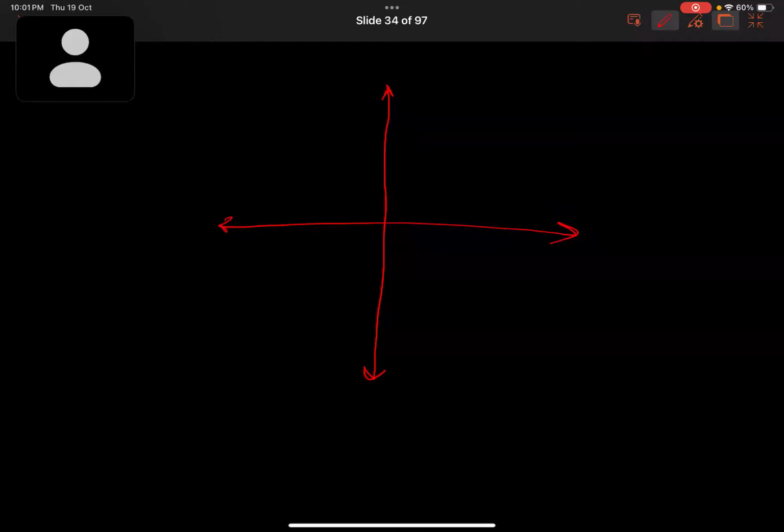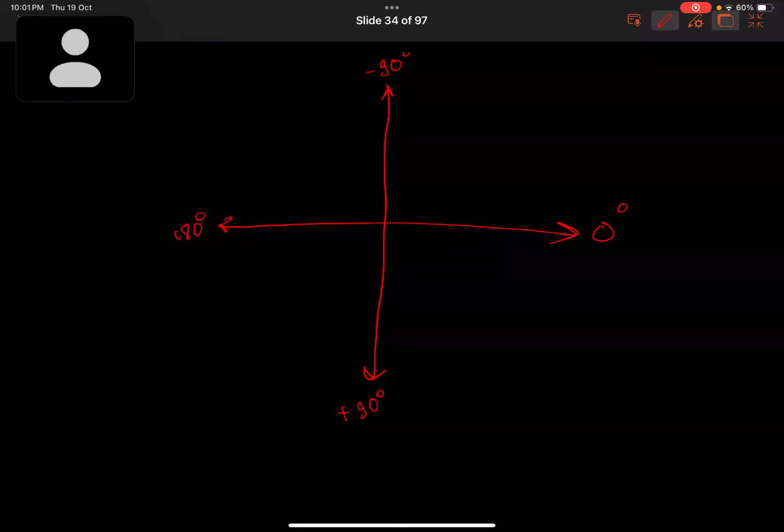We're gonna draw a y-axis and then x-axis, okay? We're gonna give this 0 degrees and then positive 90 degrees and then 180 degrees. And on the upper side, we're gonna give it a negative 90 degrees.